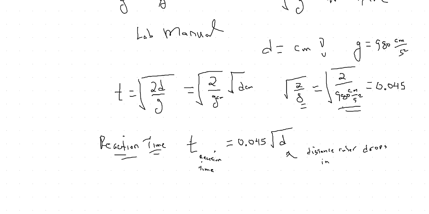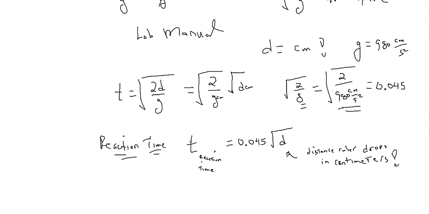Don't forget, we're doing centimeters. So we measure that distance, take the square root, multiply by 0.045, and we'll have the person's reaction time.